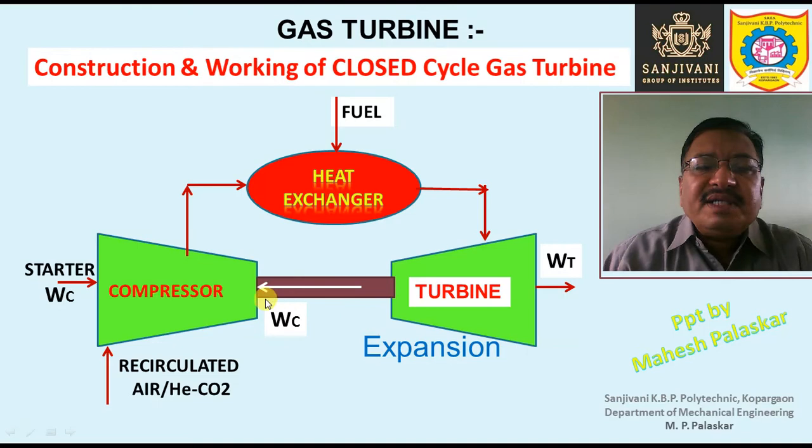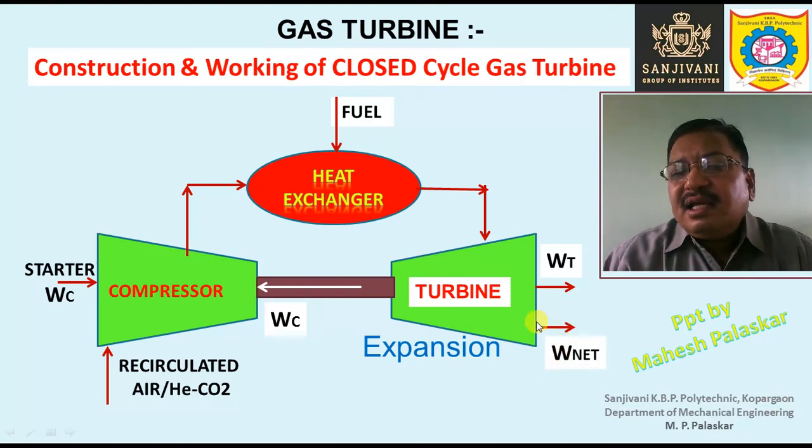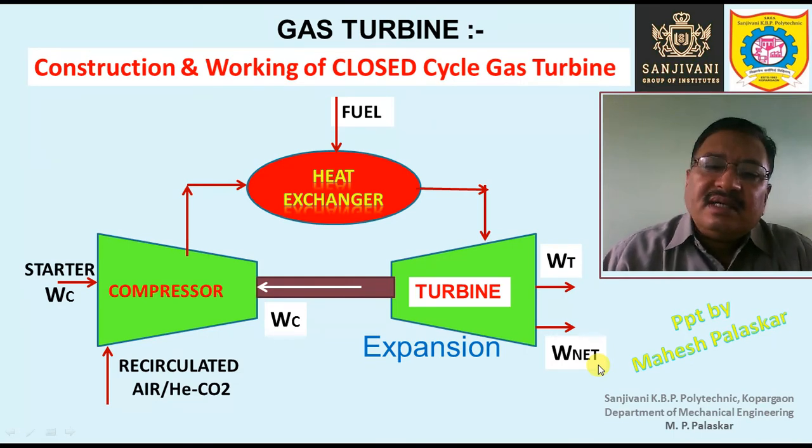Say work of compression, WC, is given by the turbine to the compressor, and whatever power we can obtain from the turbine will be the net power, that is WT minus WC will be W net, and the net power can be utilized as the output power, maybe for generation of the electricity with the help of the generator.